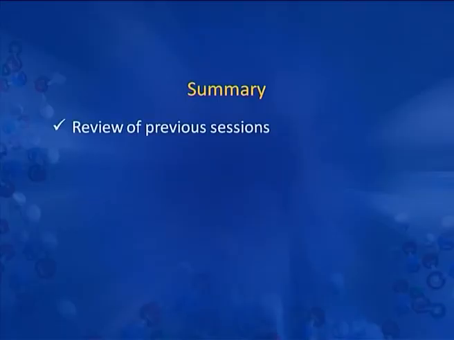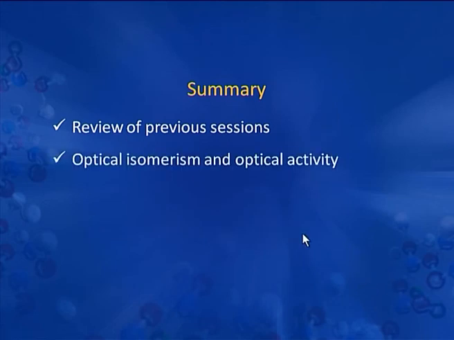So, today we have discussed that optical isomerism exists in molecules due to chirality, and chirality is a property of non-superimposable mirror images. Today we first reviewed the work of our previous session and then we moved on to optical isomerism. We discussed that optical isomerism and optical activity in molecules is due to a property called chirality.